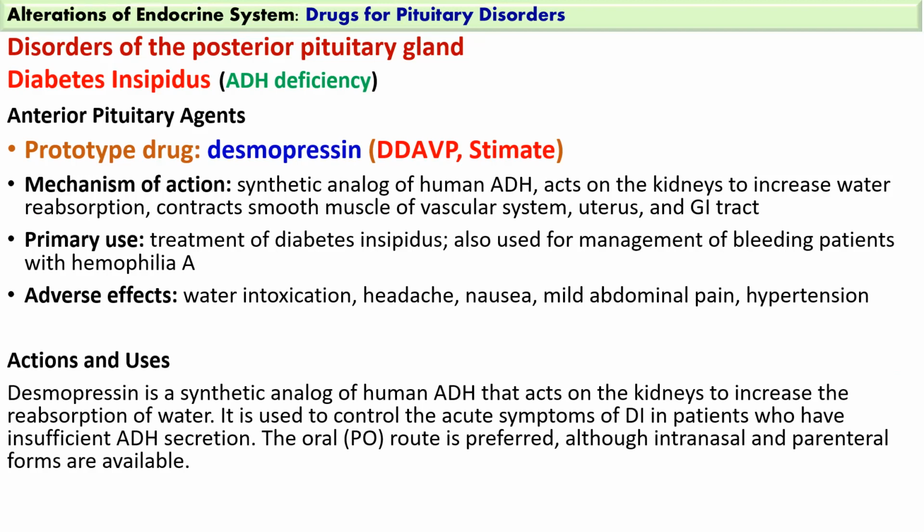Desmopressin, vasopressin, or Pitressin, it's all the same medication. It has a short duration of action, about 2 to 8 hours, and is usually given by IM or IV route.